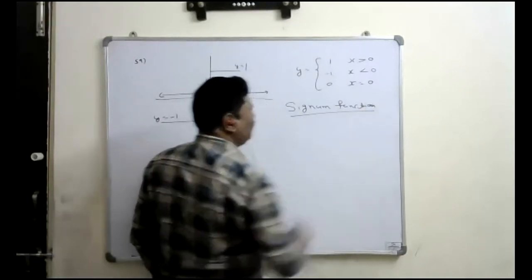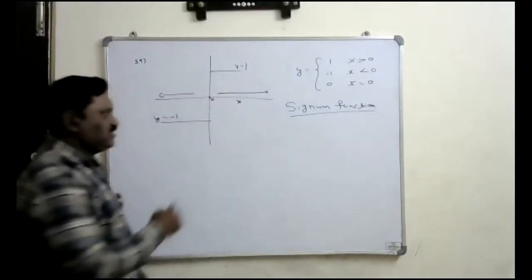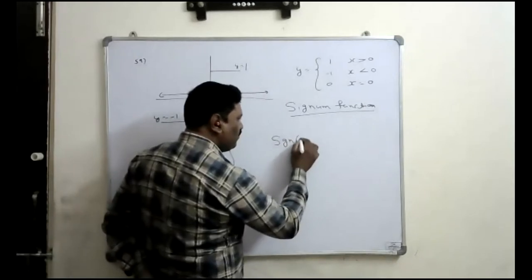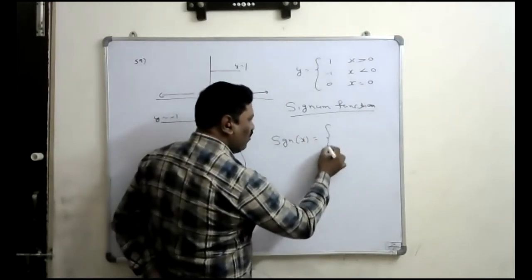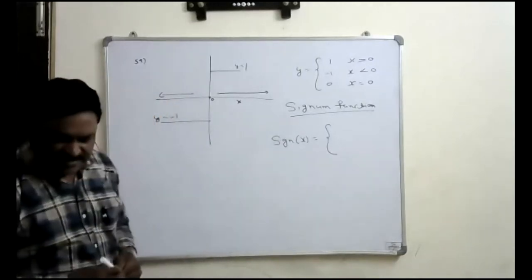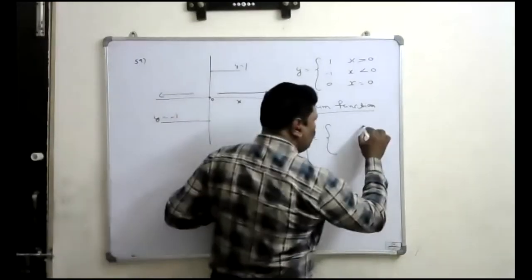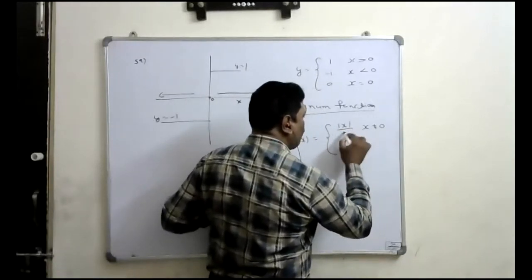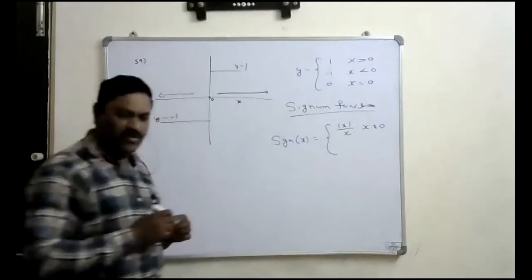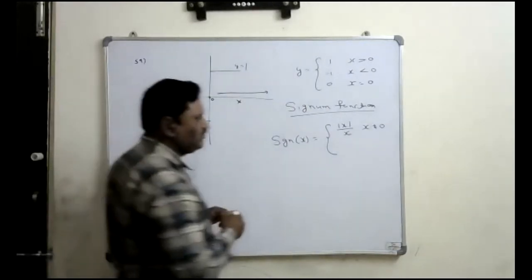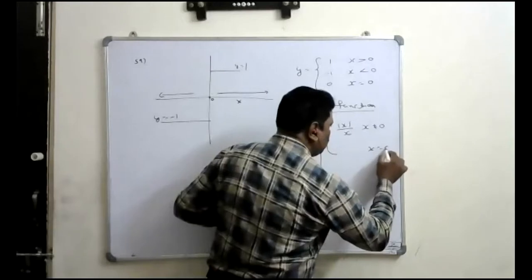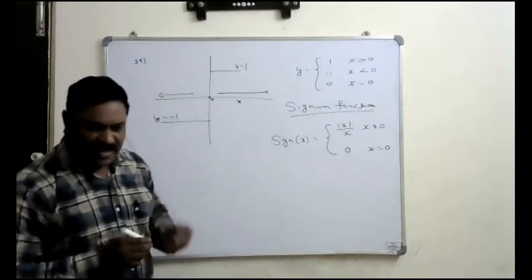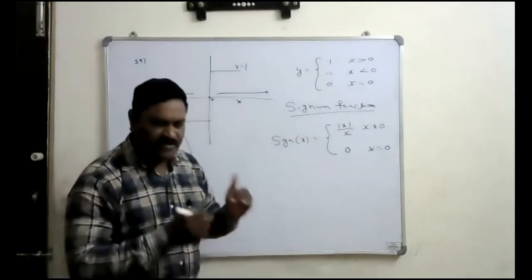It is defined like this: SGN of x is mod x by x when x is not equal to 0, and when x is equal to 0, the value is 0. If any function is defined like that, it is called the signum function.